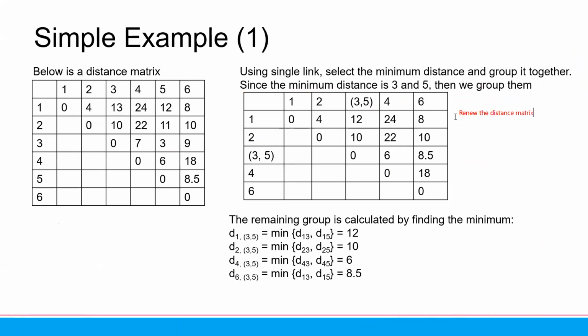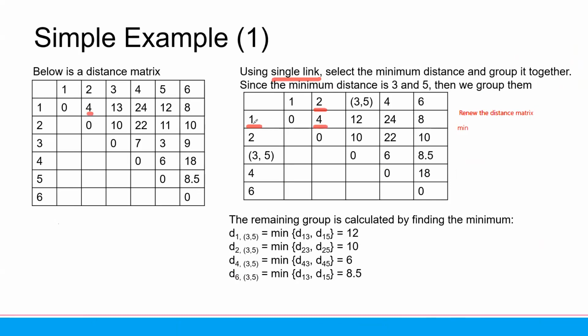How can we renew it? Because we use the single link, it means we are going to use the minimum. What is the minimum here? So now I'm going to check what is the distance between 1 and 2. Yeah, it is still the same, which is 4.